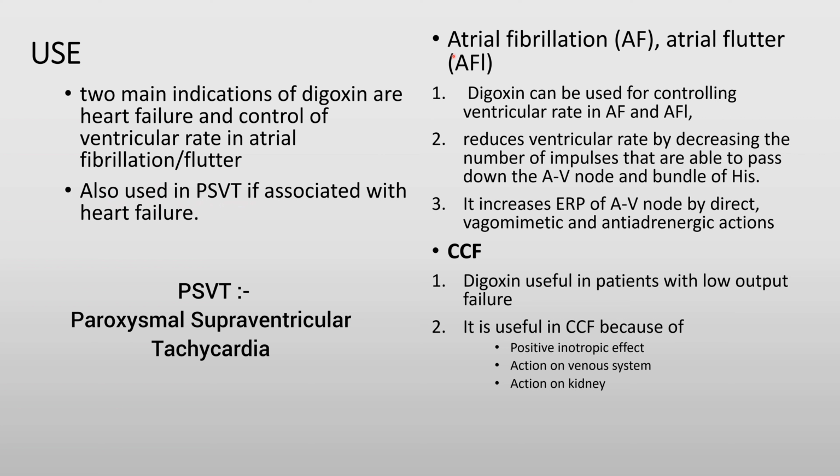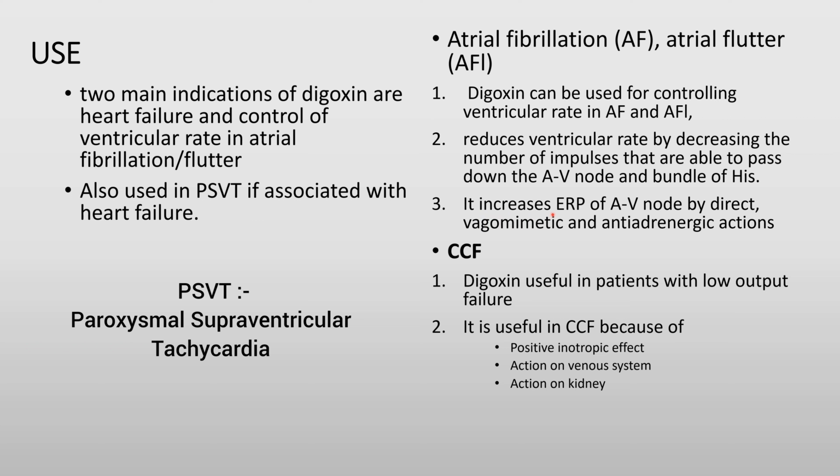Why is digoxin used in atrial fibrillation or atrial flutter? Digoxin can be used for controlling ventricular rate in both cases. It reduces ventricular rate by decreasing the number of impulses that are able to pass down the AV node and bundle of His.